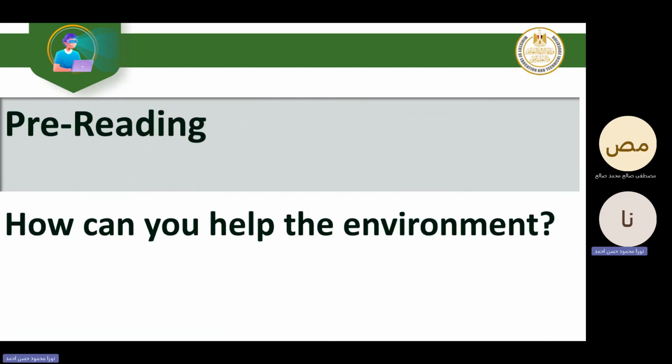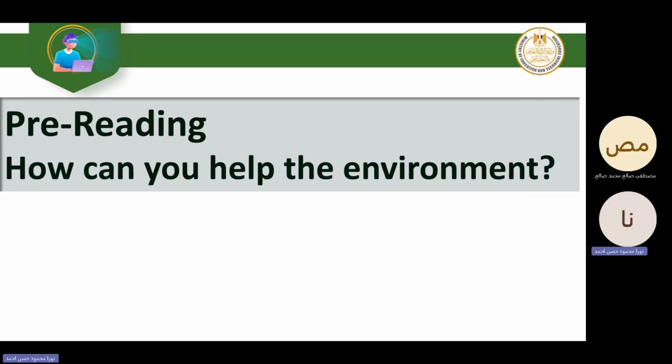Okay, so how do you think you can help the environment? Yeah, maybe you can do something very small to help your environment from the activities that we have discussed and learned in the first part of the unit. Maybe you can reuse your old mobile phones, recycle plastic bottles.